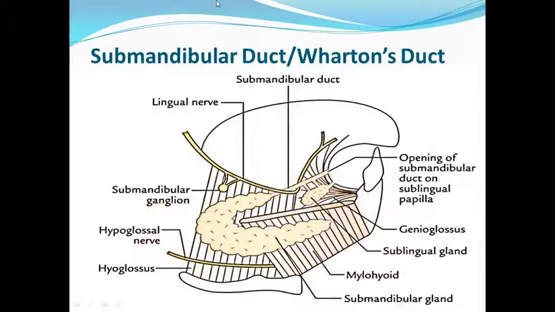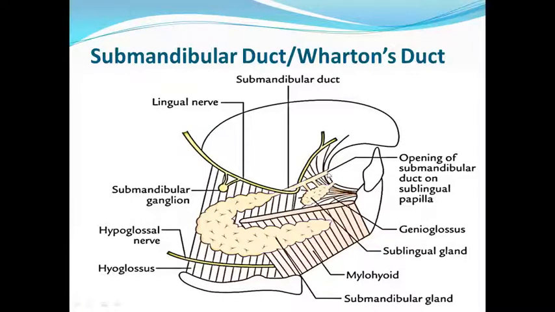Now talking about the submandibular duct, or the Wharton's duct, which is basically very thin walled. When we discussed the parotid duct, we read that it was thick walled, but compared to the parotid duct, this Wharton's duct is a thin walled duct, approximately 5 centimeters in length.